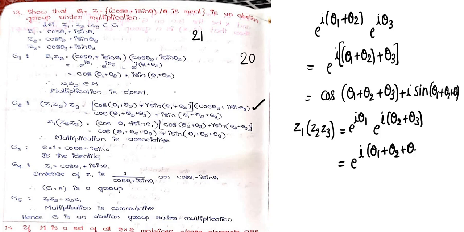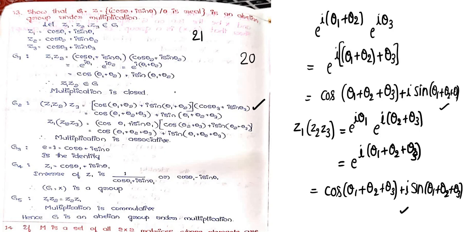So, we are getting e power I into theta 1 plus theta 2 plus theta 3. This is nothing but cos of theta 1 plus theta 2 plus theta 3 plus I sin theta 1 plus theta 2 plus theta 3. So, observe these two RHS, these two are equal. Therefore, we can say that (Z1 Z2) Z3 equal to Z1 (Z2 Z3). So, associative law is satisfied.